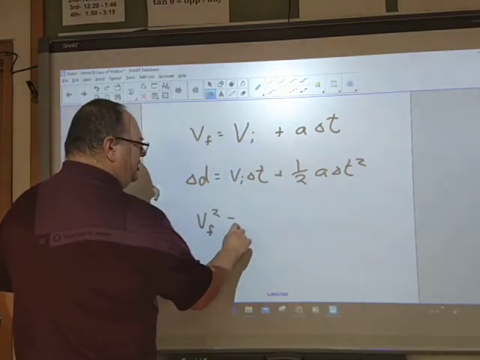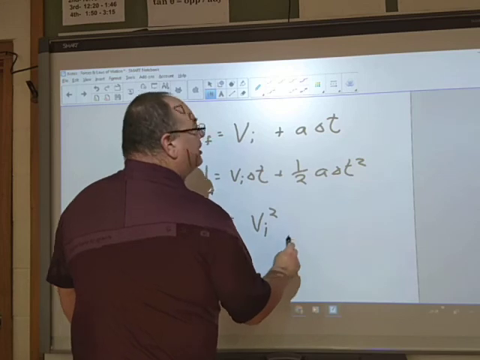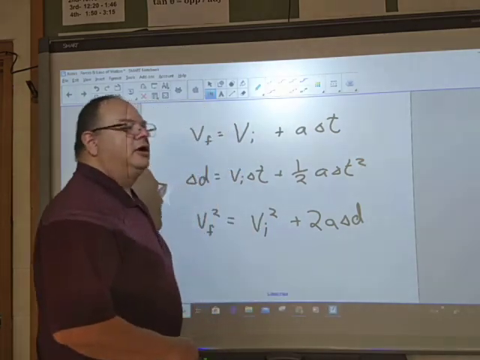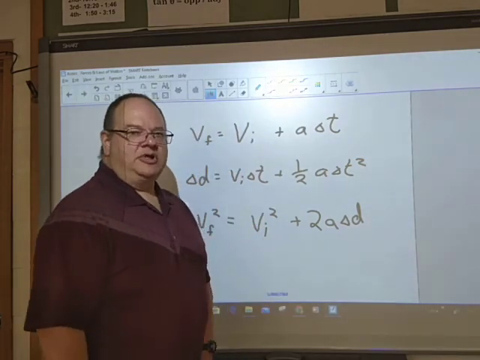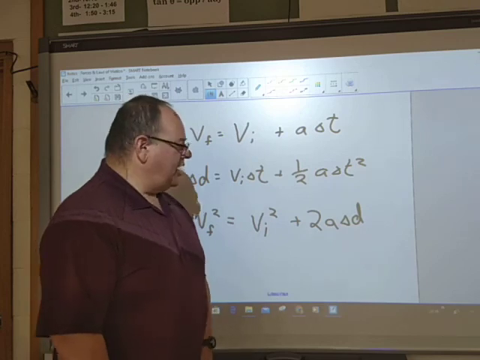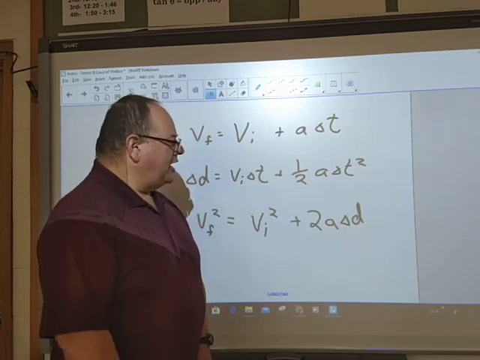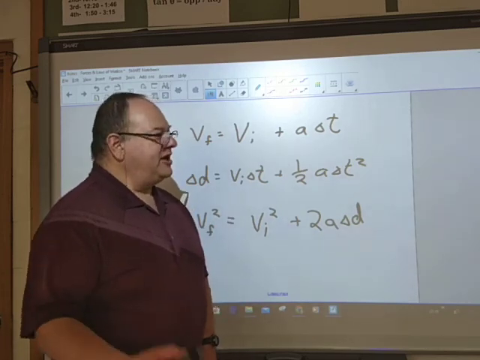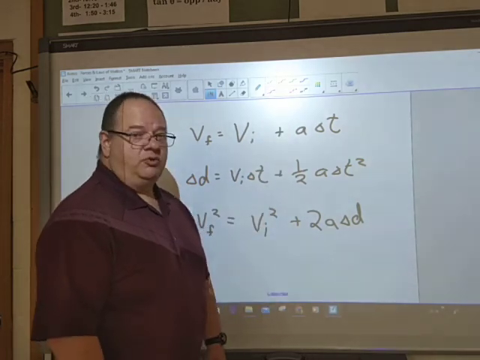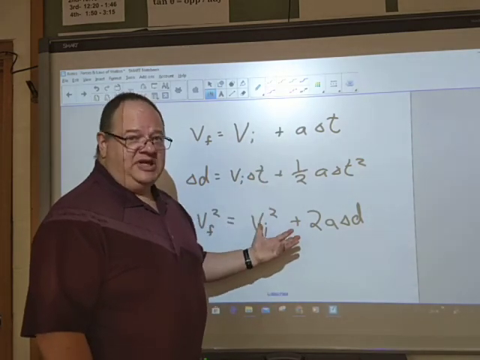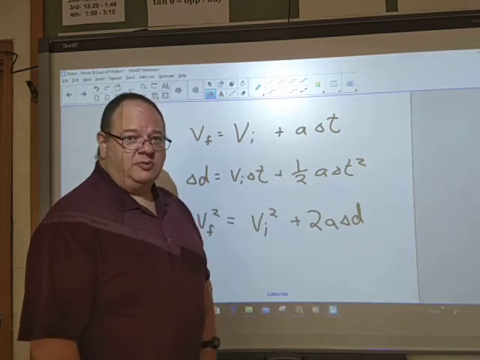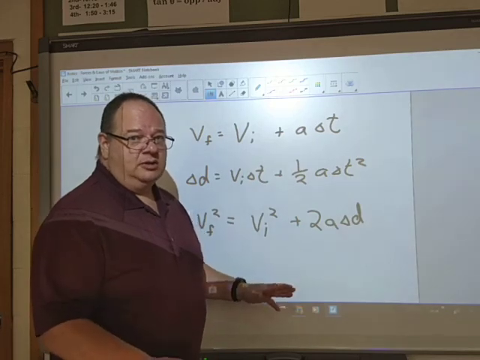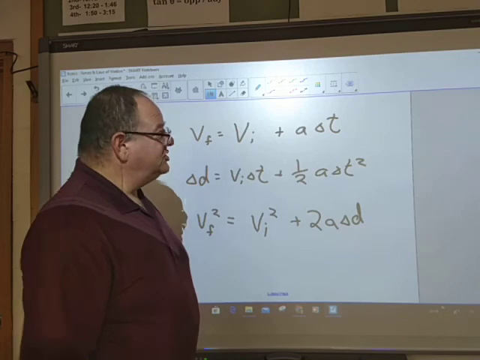VF squared equals VI squared plus 2A delta D. If you do not already have those written down, please write them down on a piece of paper in your notes. Keep them handy for yourself when you're doing your work. That includes, I've always had those available on the board when we were doing tests. So that piece of paper with those equations can be available to you when you're doing tests. That doesn't mean you get to write a bunch of other stuff on there, okay? But you may have those equations.